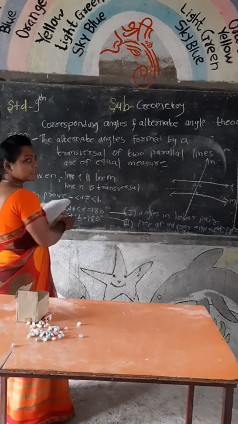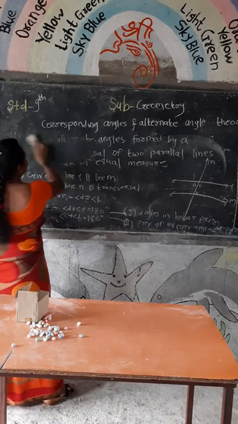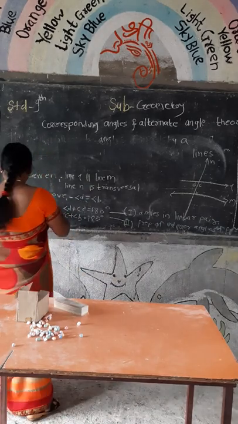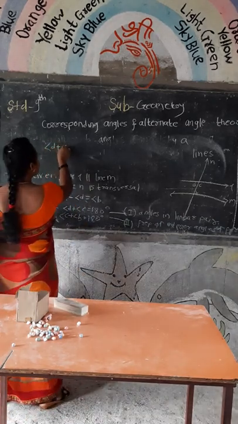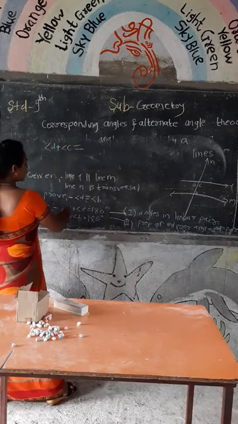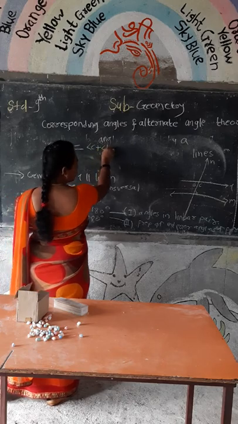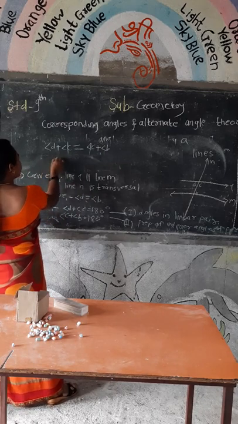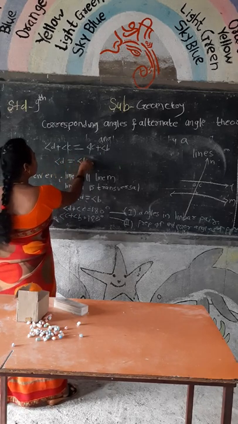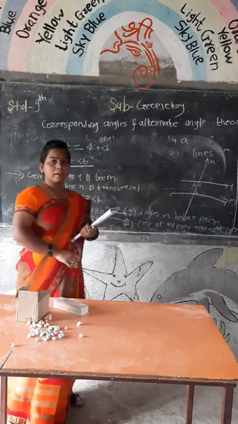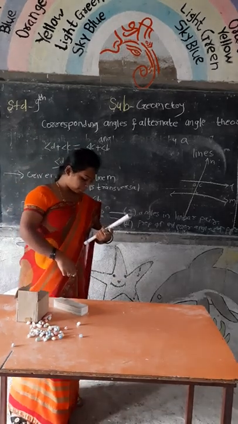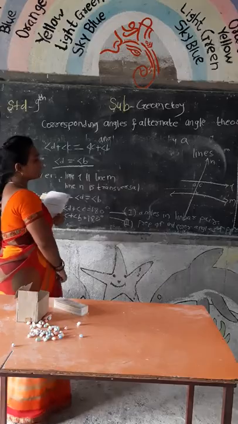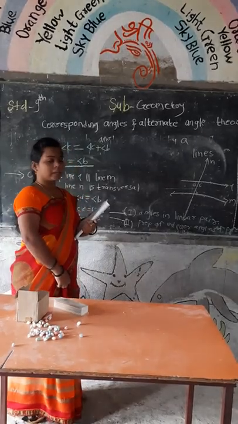Take from equations first and second. The next step is angle D plus angle C equals angle C plus angle B. Therefore, cancelling angle C on both sides, angle D is equal to angle B. This is our proof, that angle D and angle B are alternate angles.